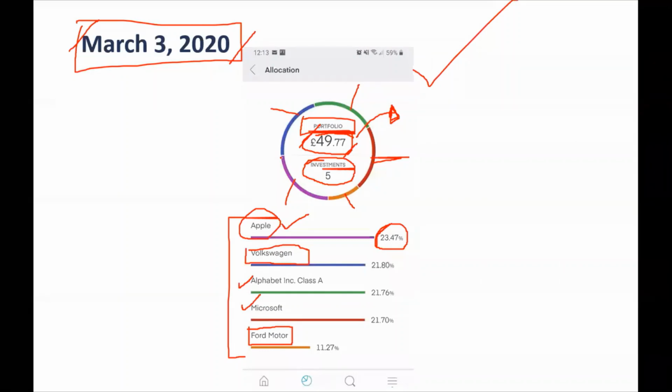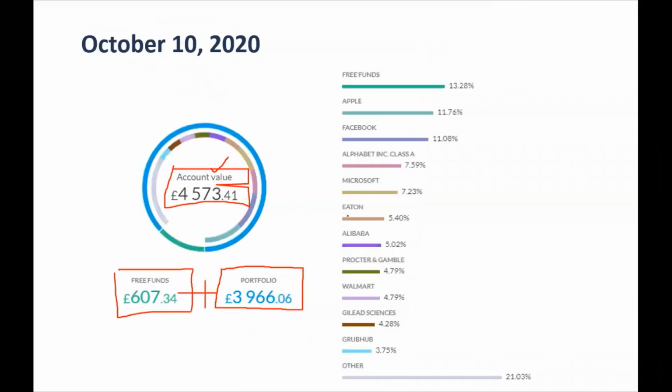Okay. Which slice seems to be larger or largest compared to other slices? This one? Apple. This color? Apple. Okay.